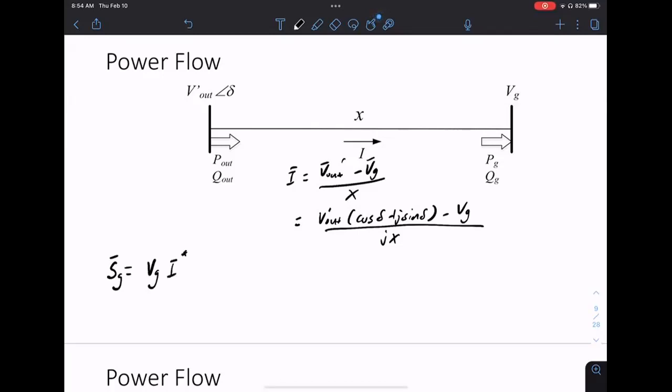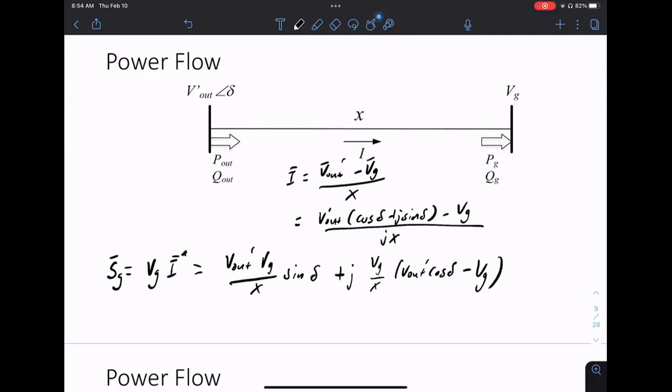I star. If you multiply this thing out, we get V out prime VG over X sine delta plus j VG over X times V out prime cosine delta minus VG. So this is right. If you do this multiplication, you collect terms, this is the thing you get.